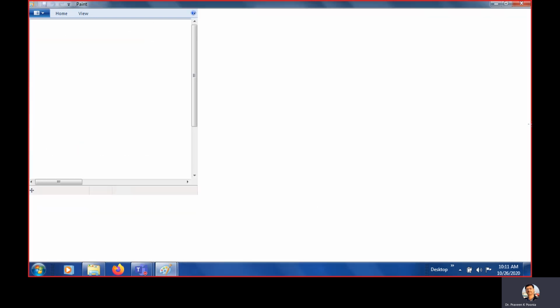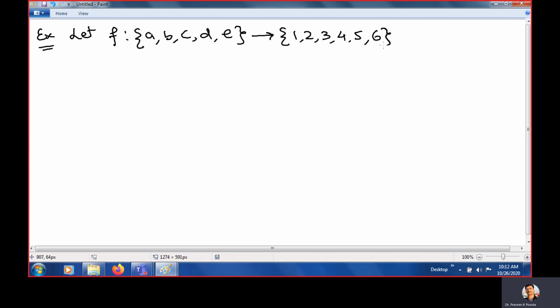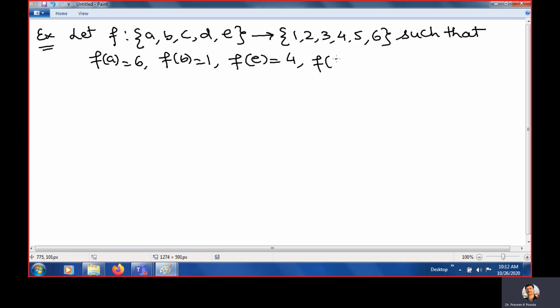For example, another question we will take. Let f be such that A, B, C, D, E is connected with 1, 2, 3, 4, 5 and 6 such that f(A) is equal to 6, f(B) is equal to 1, f(E) is equal to 4, f(C) is equal to 5, f(D) is equal to, let us take 2.